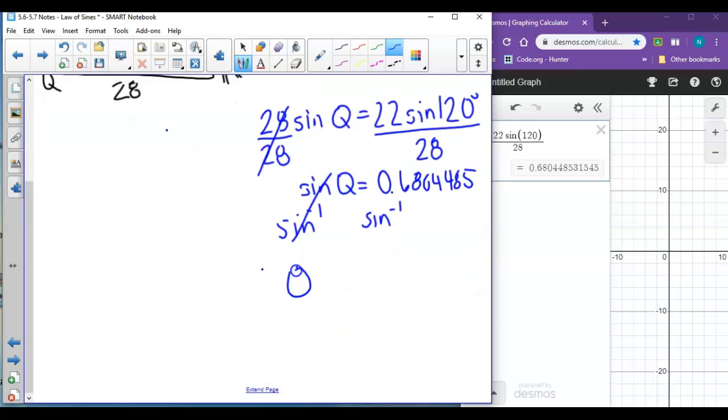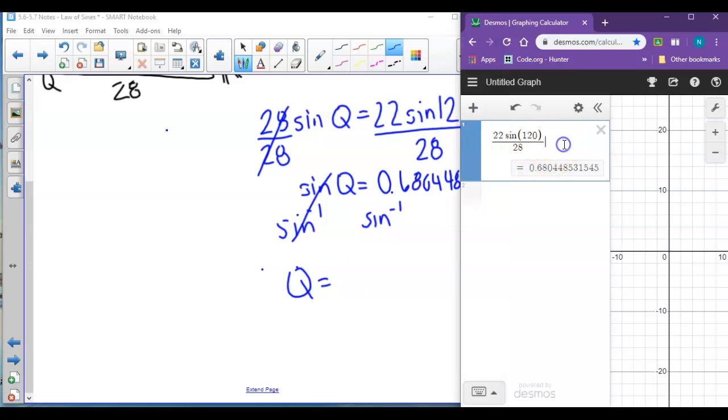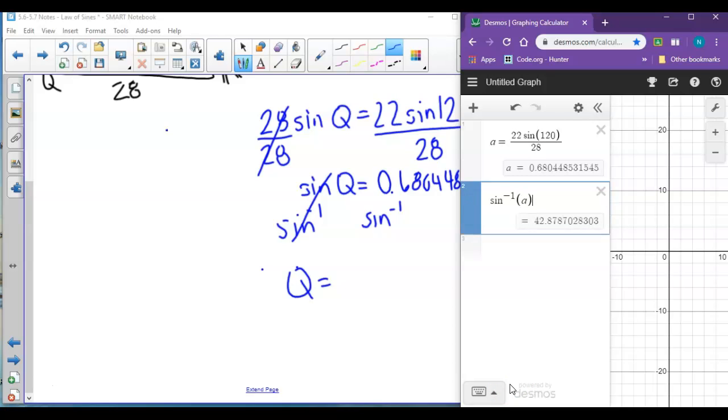And so I get Q equals, and then over here, we can say A equals this, and then we could do sine inverse of A. Yeah, I think that's working fine.